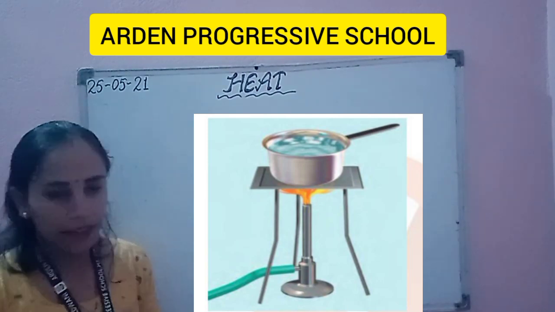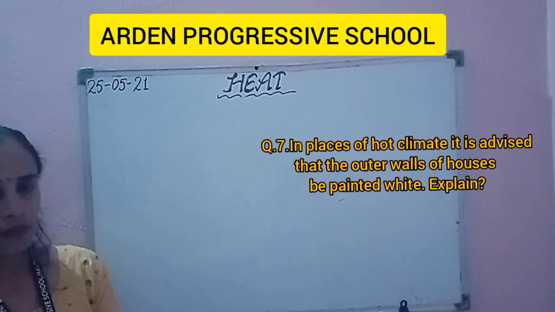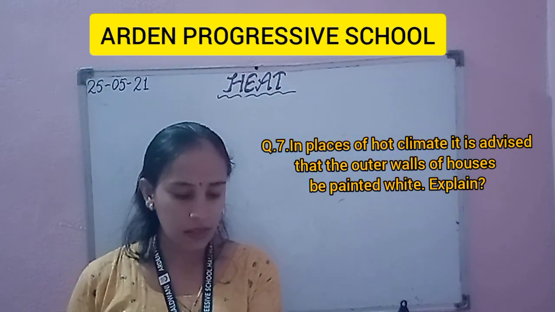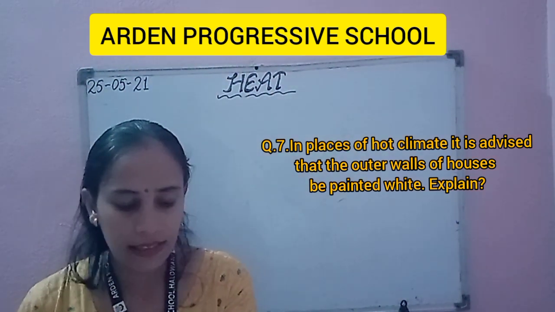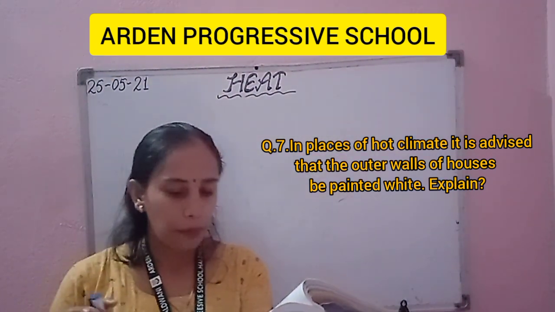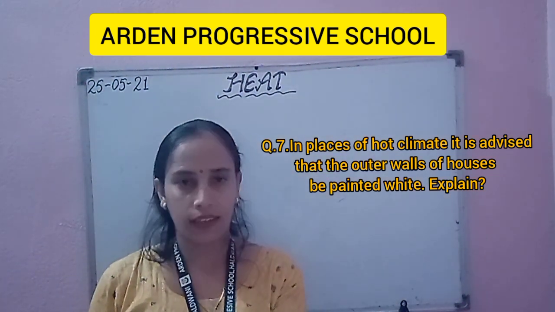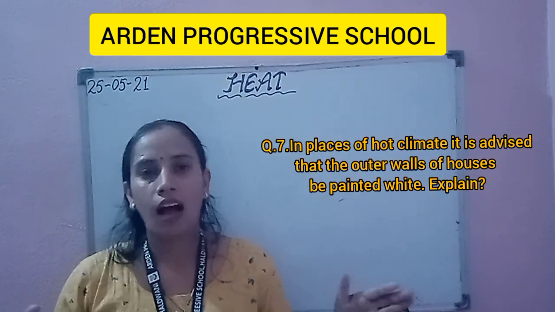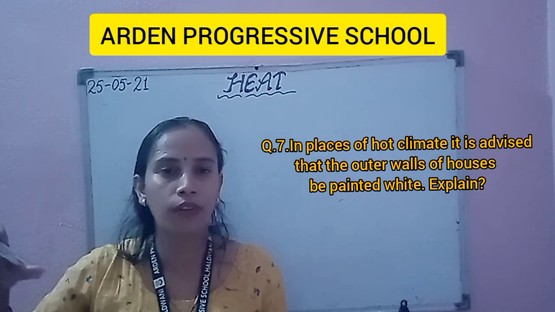Clear? Next question, question number 7. In places of hot climate, it is advised that the outer walls of the houses be painted white. Explain. So why are the walls of the houses painted with white color?